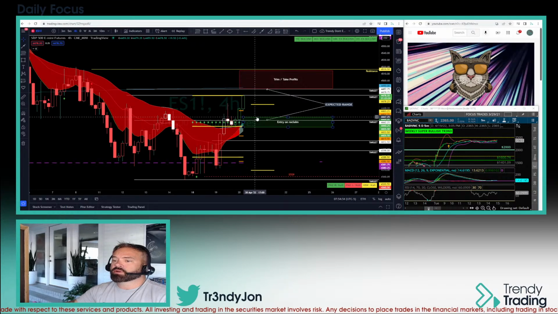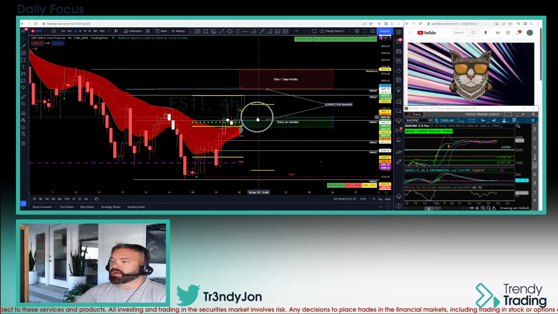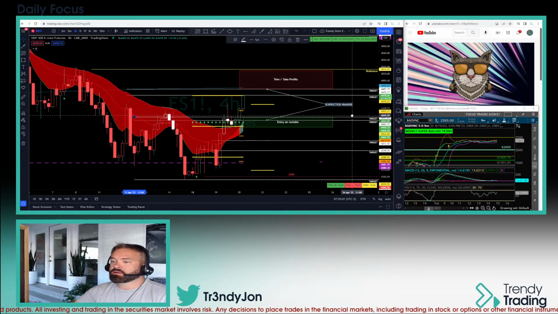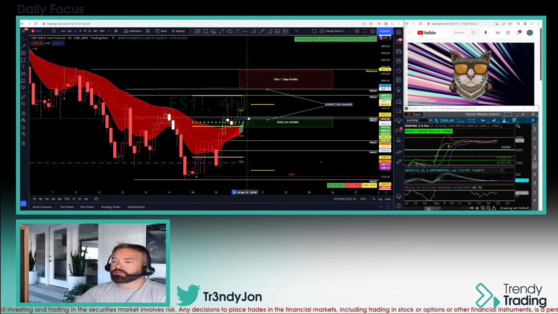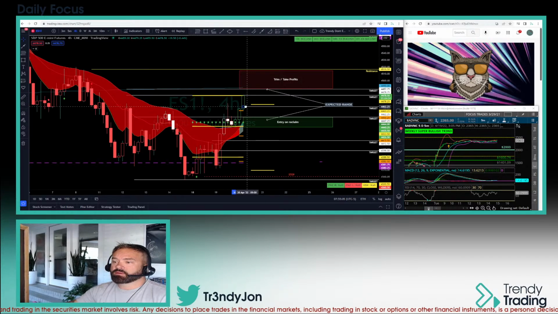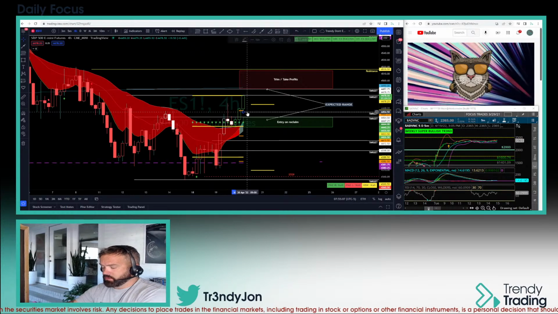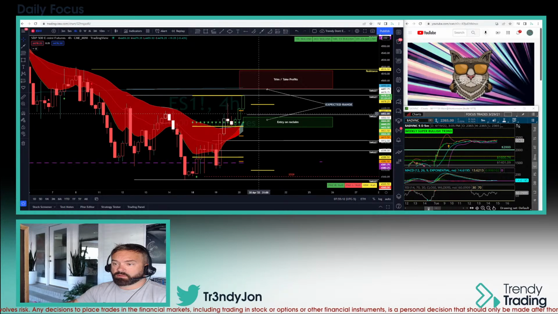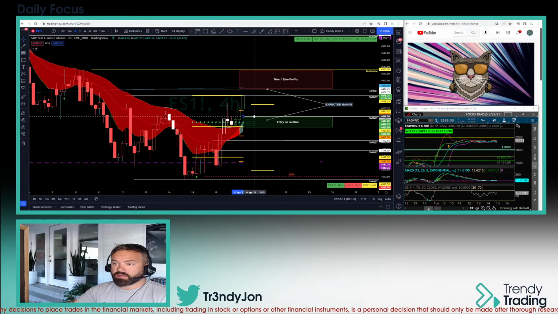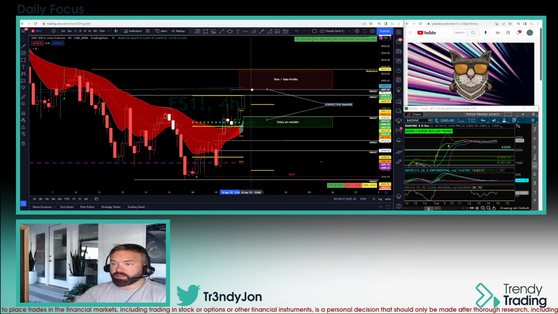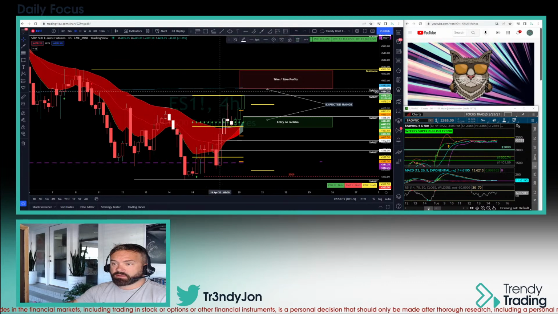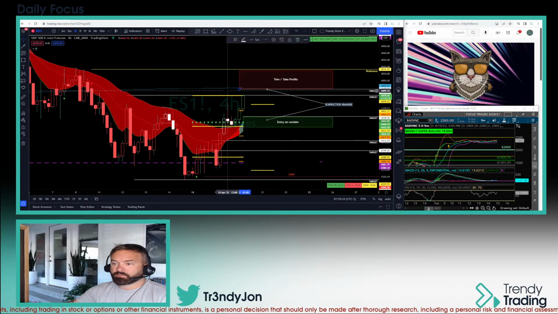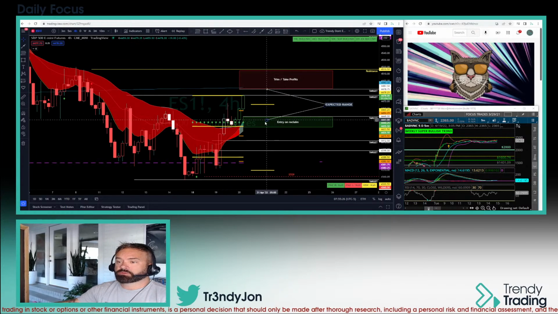And then as far as support goes, our expected range to the downside, I'm going to go ahead and place this right here. And I don't like the way that looks, so give me 1 second. Take that off. There we go. We're going to bring this down to about right there. Same thing with this. I don't like when my lines are not in line. There we go.